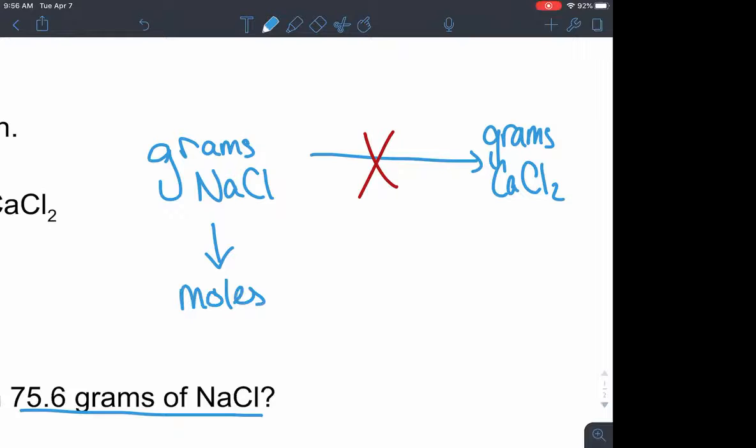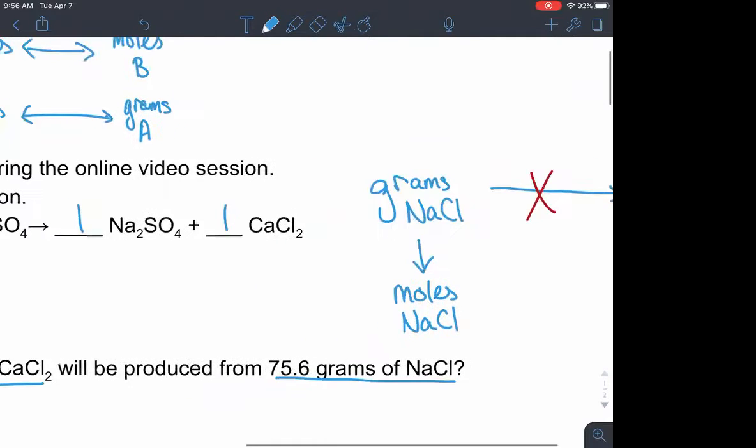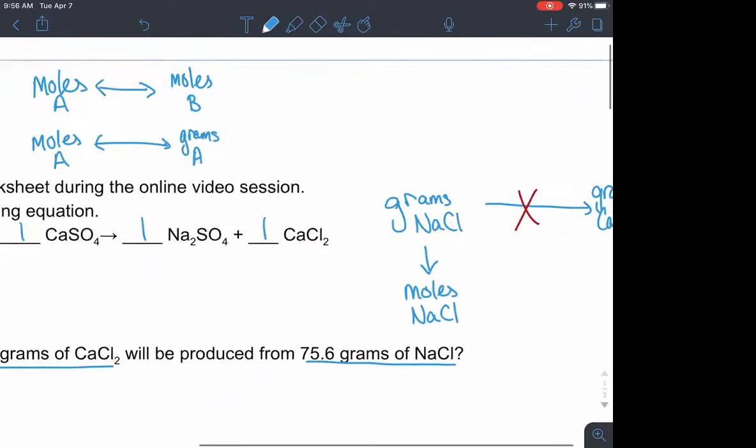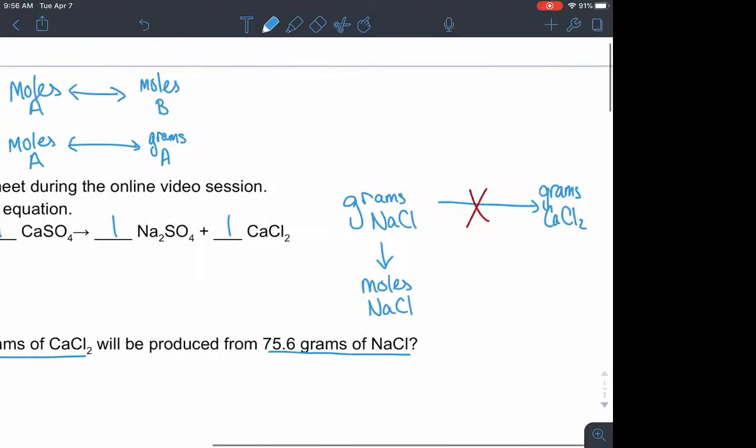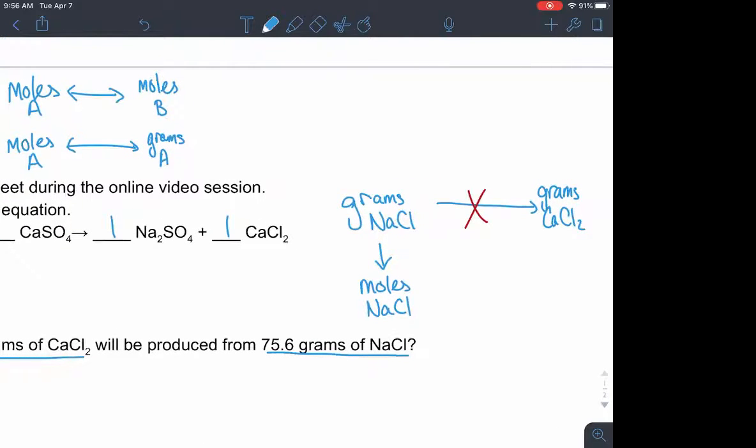We're going to go from grams of NaCl to moles of what? NaCl. Perfect. These would be moles of NaCl. Moles of NaCl to grams of CaCl2. Can you go from moles of one compound to grams of a different compound? No, so we can't do that.